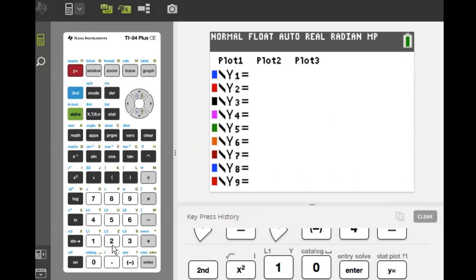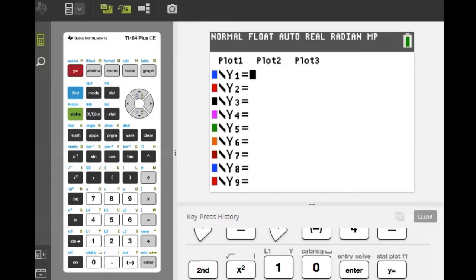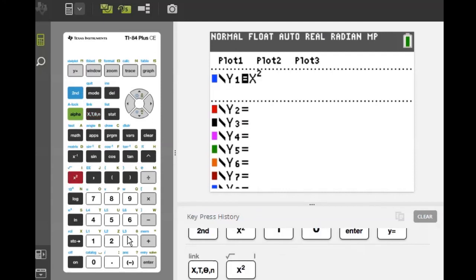I'm going to put x squared plus 8x plus 6, and I'm going to graph my quadratic.